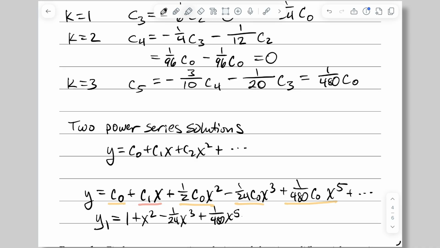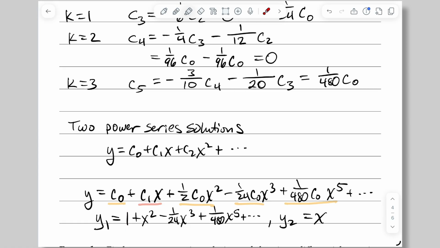I'll generally just ask for 3 terms, but since we had those, I wrote them down. y2 is simply x. It's the solution that we have that's multiplied by C sub 1.